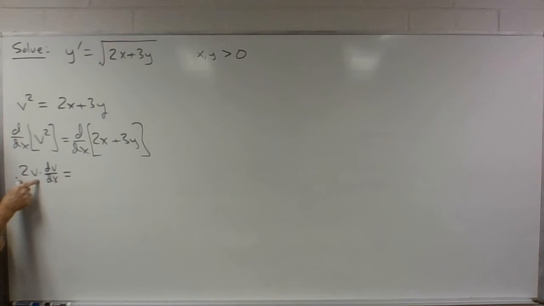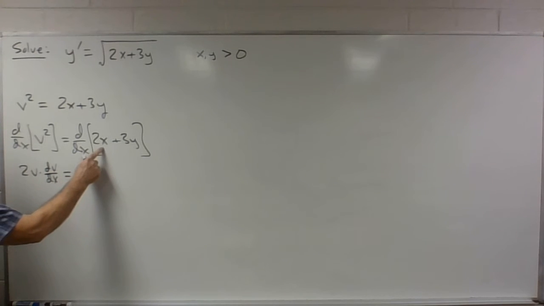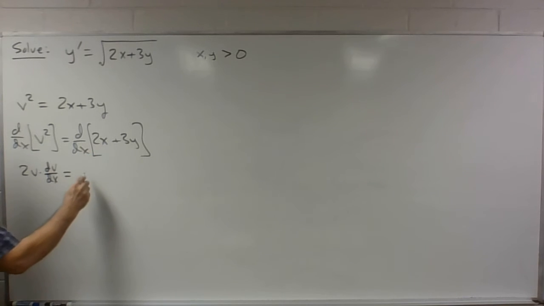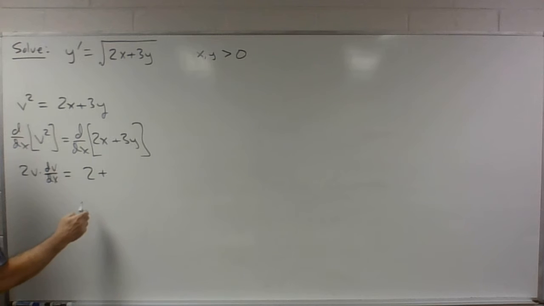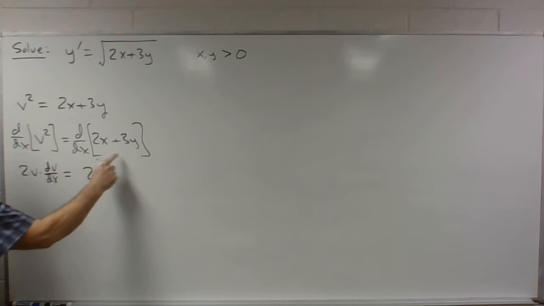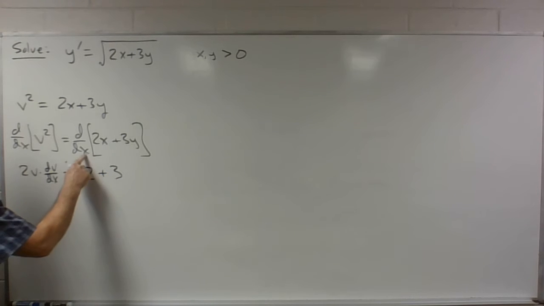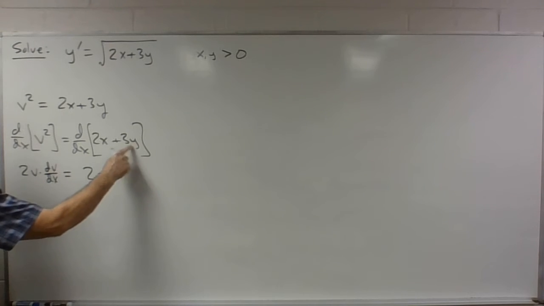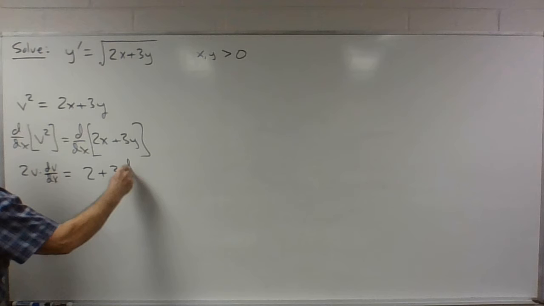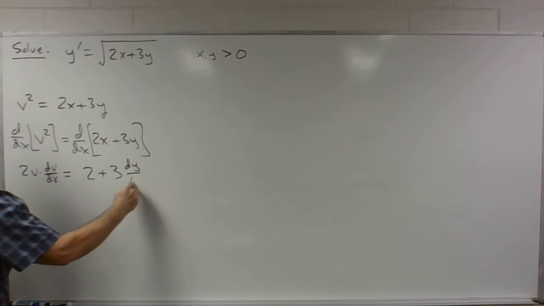So we have the power rule as usual, then we have to multiply by the derivative of the function because of the chain rule. Now let's move over here. Derivative of 2x with respect to x, that's just 2. Derivative of 3 times y with respect to x, that's 3 times the derivative of y with respect to x, which is dy dx.